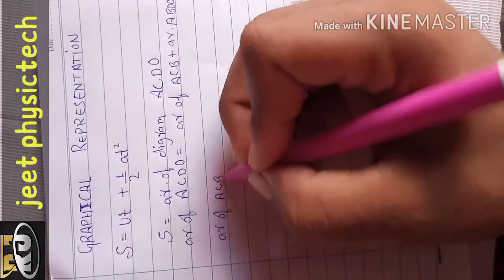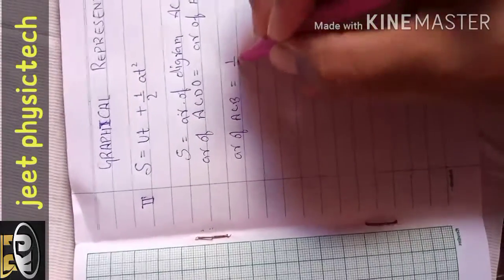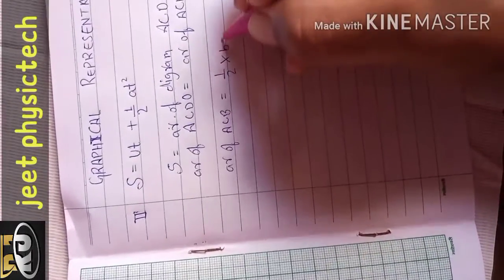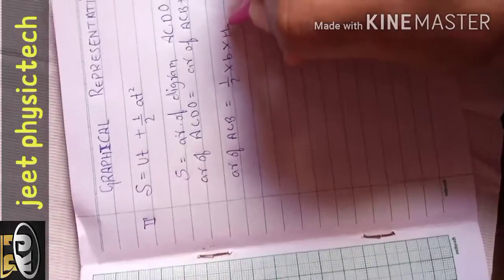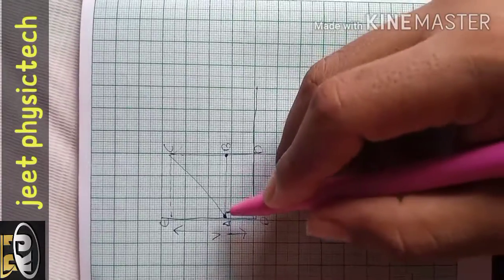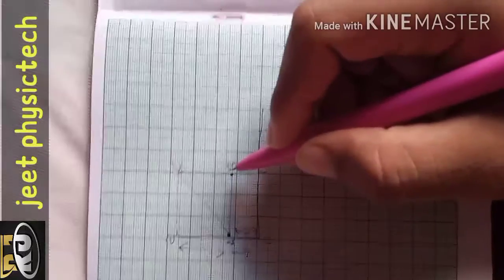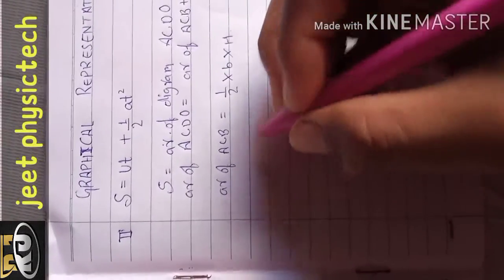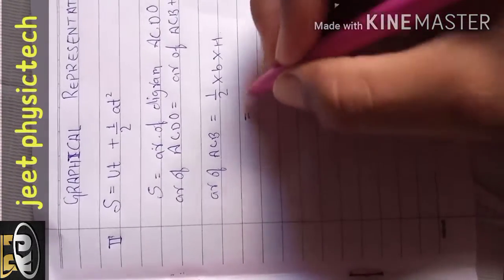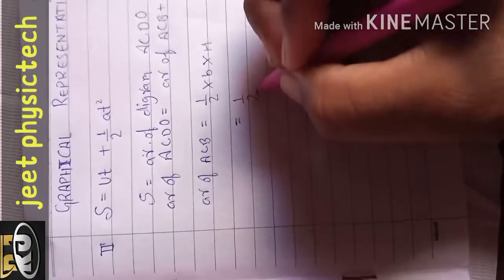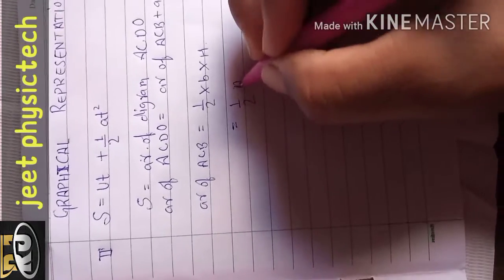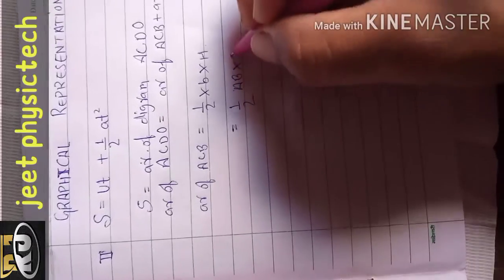The area of ACB is equal to, it's a triangle. The area of a triangle is equal to 1 by 2 into base into height. What is the base in this triangle? AB, and the height is CB. So we put the values of base and height. Half, base is AB and height is CB.